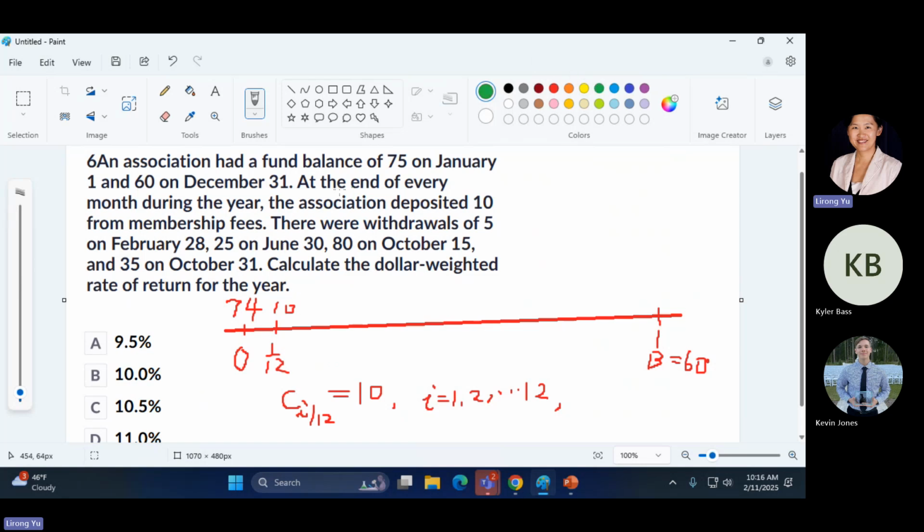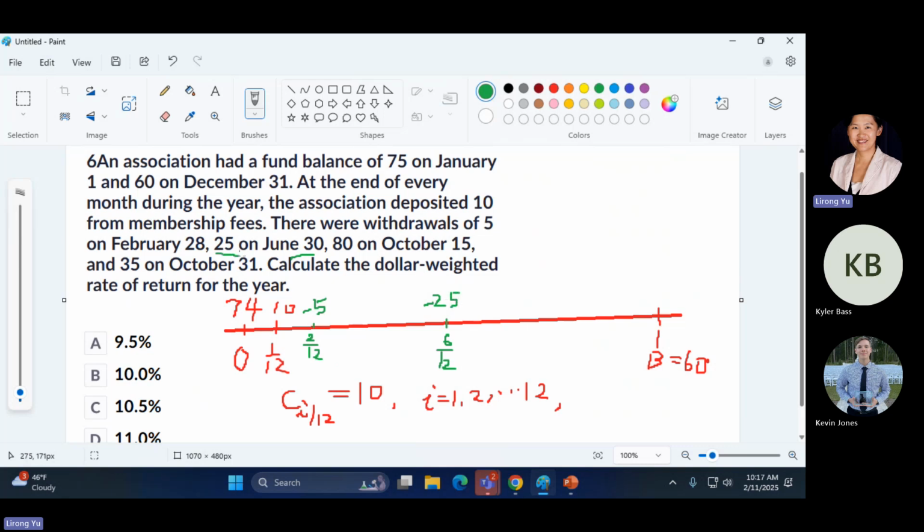That's one, and then we move on to the withdrawal. There's 5 on February 8, so that's 2/12 time. The withdrawal is -5. And then June 30. June 30 is the end of June. That is 6 months past. So 6/12 at June 30. The withdrawal is -25.